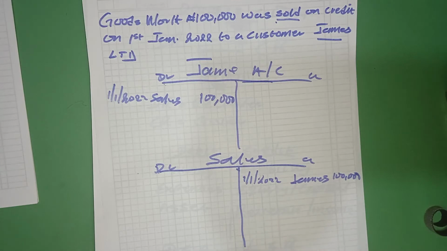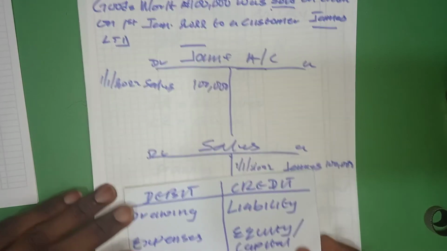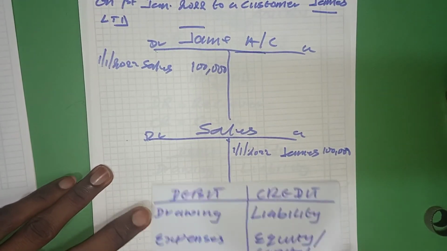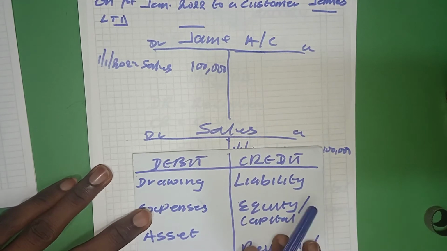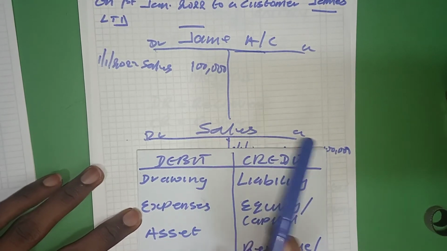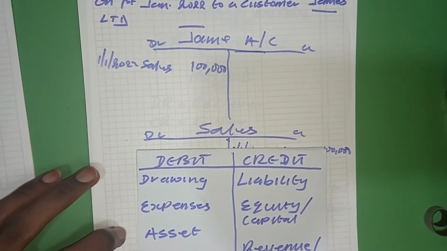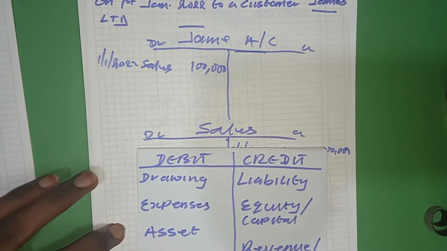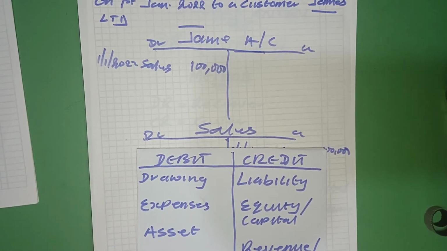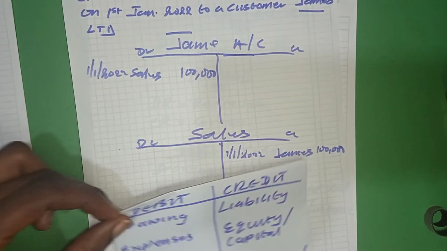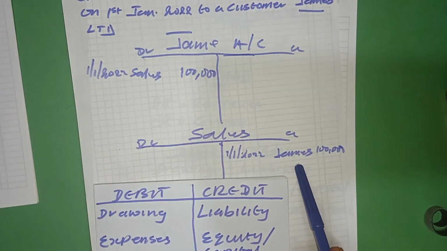Yes. Now, let us use this method here. Sales is revenue. Are you getting it? Sales is revenue, and revenue, you credit it. Then you debit James.